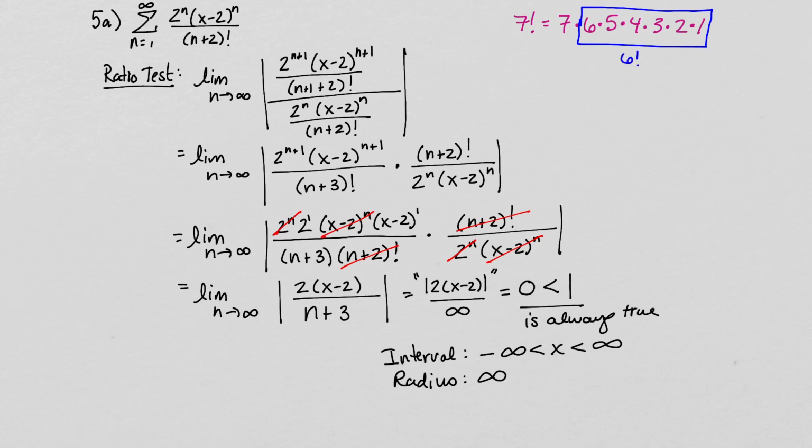So the idea is that I could write 7 factorial as 7, and then if I take 1 away from 7, so 7 minus 1 is 6, times 6 factorial. So it's like 7 times the next number down, which would be the 6 factorial. So does it make sense in terms of numbers?